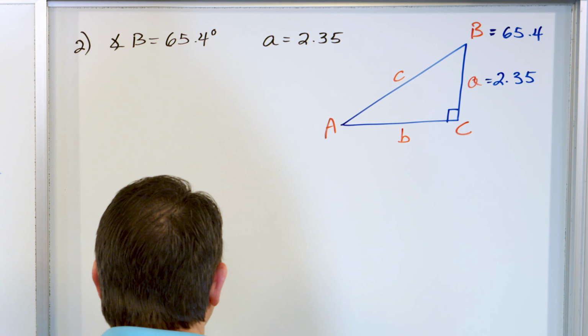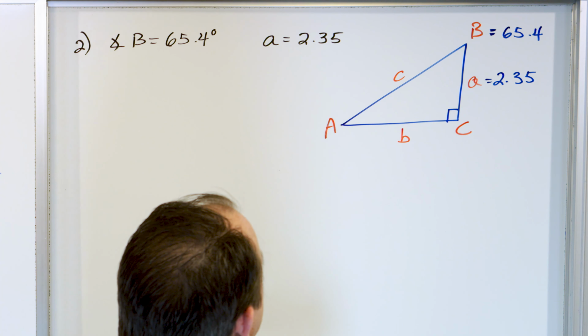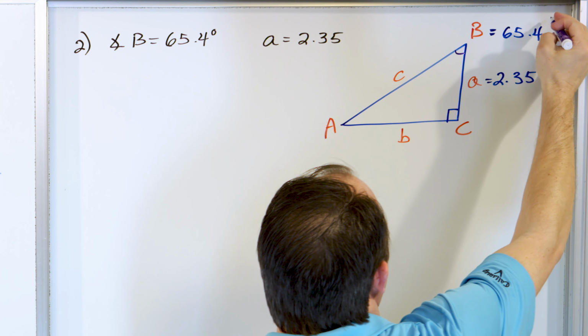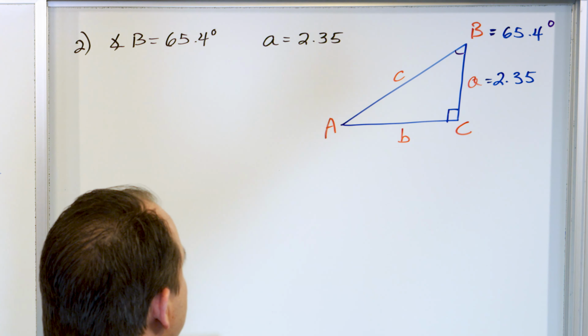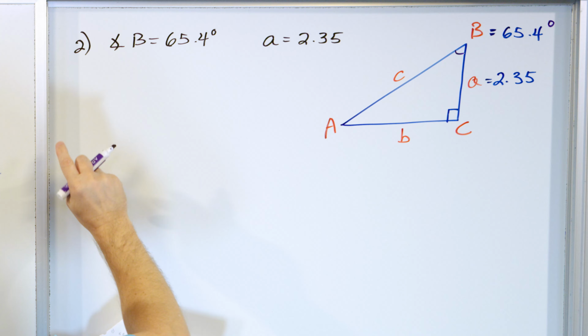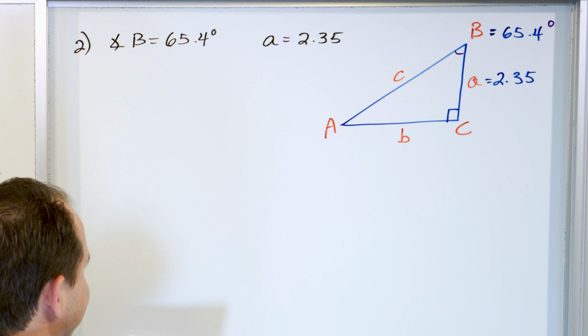Now, how do we handle the rest of this thing? Well, I'm already given one of the angles here, which is this angle right here, 65.4 degrees. I know this is 90 degrees because it's a right triangle. So for this problem, I'll do it differently, and I will find angle A right away. I know that all of these angles have to add up to 180 degrees.